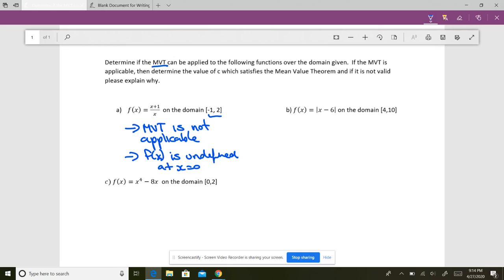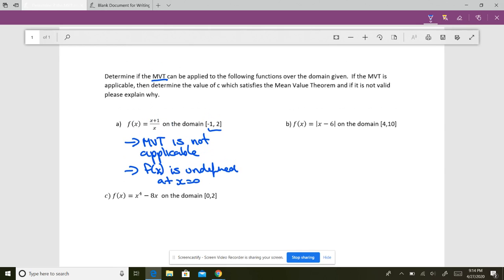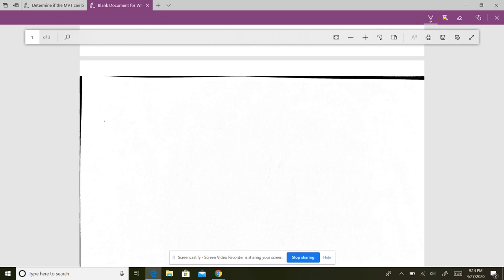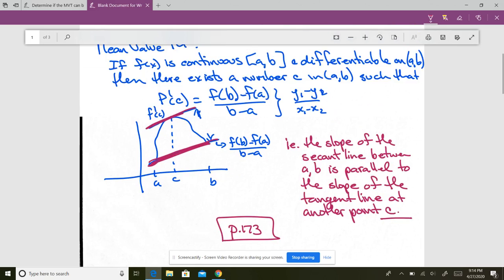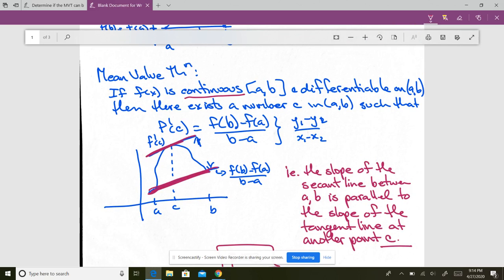So remember, for the MVT to work, it has to be continuous and differentiable.